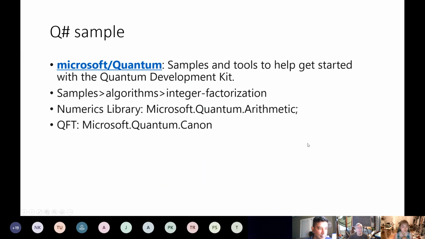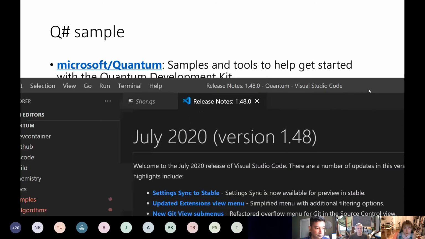So we don't have much time to actually do an exercise, but we do have a sample. There is not a lot of Shor's algorithm code out there, but luckily we have one using Q#. So on the GitHub Microsoft/Quantum, you'll be able to find our samples. And I actually have it open here. I would highly recommend that you go download it.